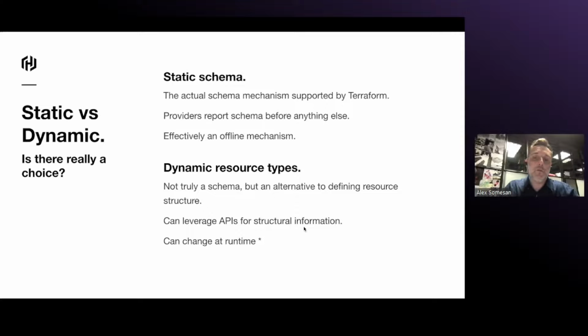And so what we can do in this case is leverage the remote APIs, our target APIs. If they provide any structural information about the resources they support, we're able to make use of that. And also we can change the supported set of resources at runtime, which is really interesting.